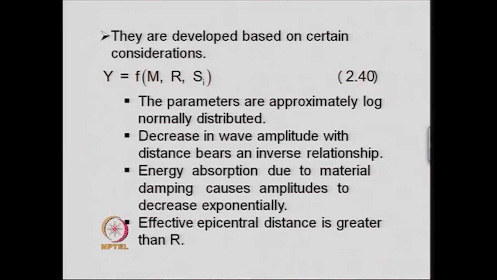The important thing is that in obtaining this equation, it is generally assumed that all the parameters are log normally distributed. This assumption has come because these parameters, which are recorded in different regions, were statistically analyzed, and it was found that most of them tend to follow a log normal distribution.